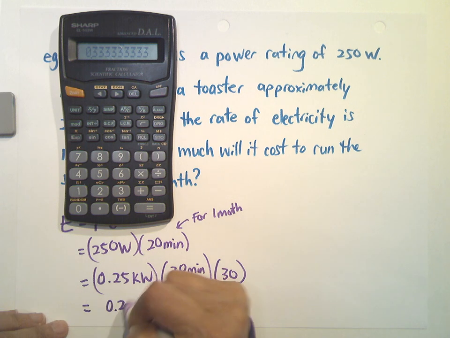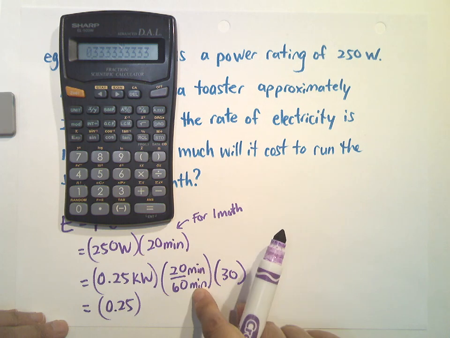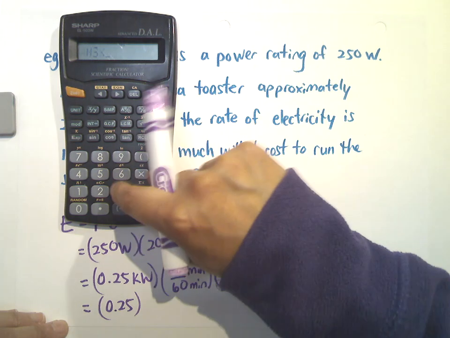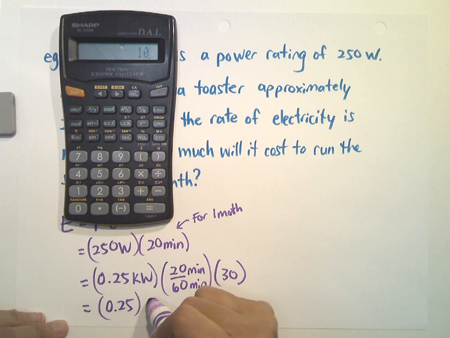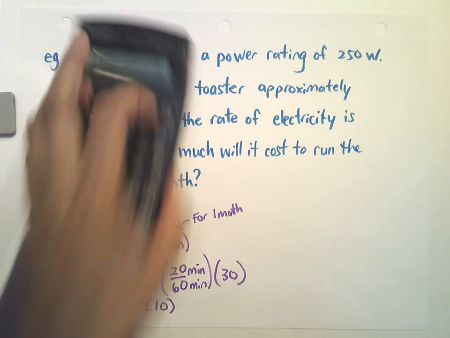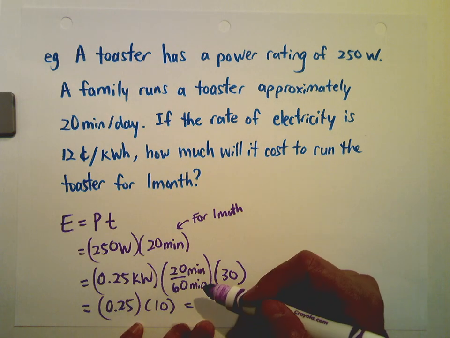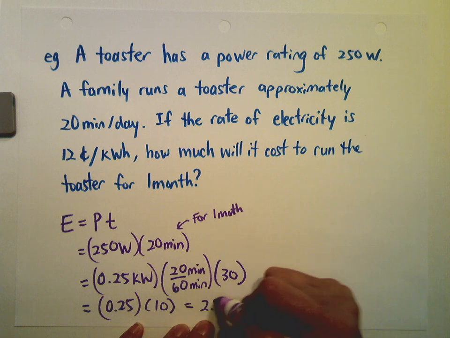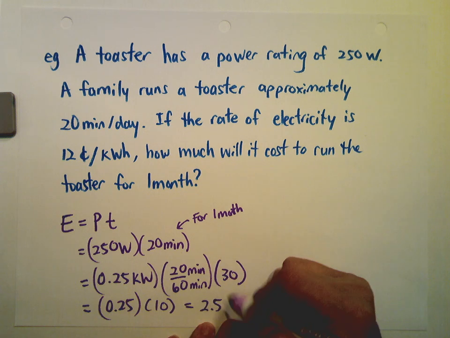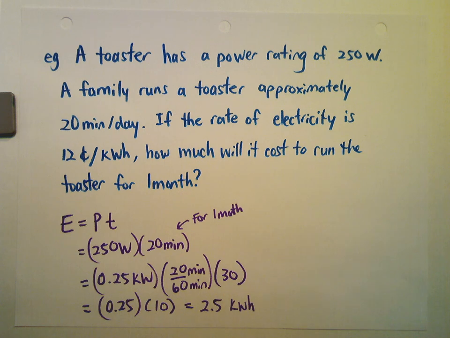So 0.25 times 20 divided by 60, times 30, and there it is, 10. That's a total of 10 hours you are running that toaster. Now we have our toaster usage, which is 2.5 kilowatt hours. That's how much energy you are using.